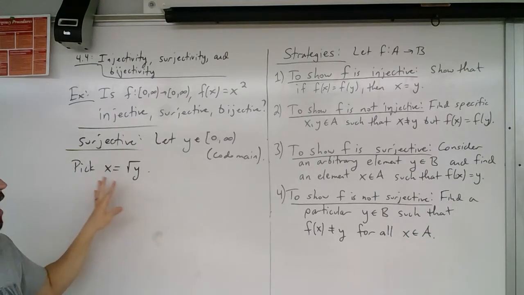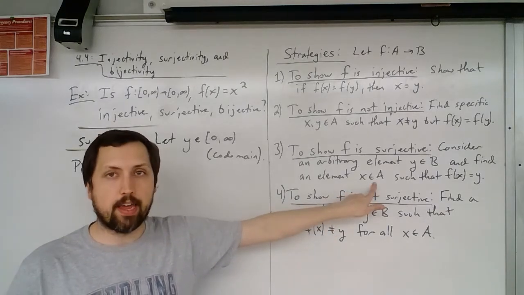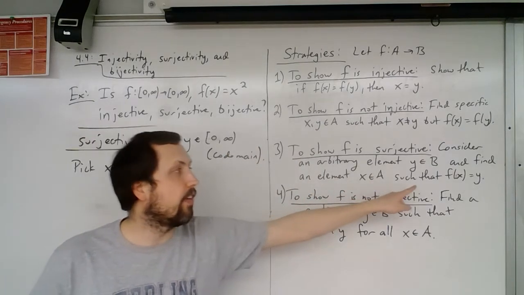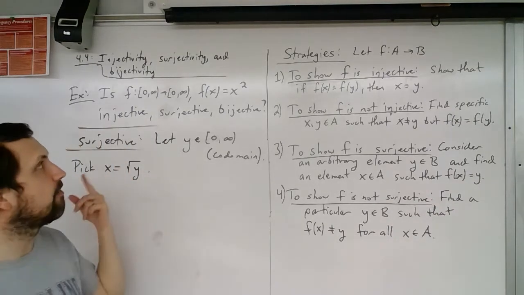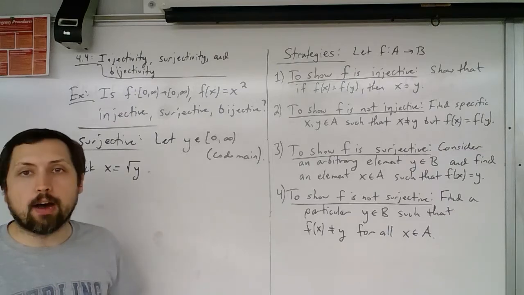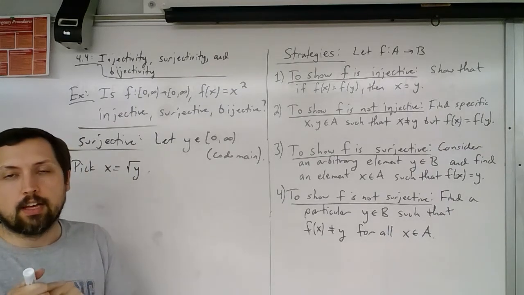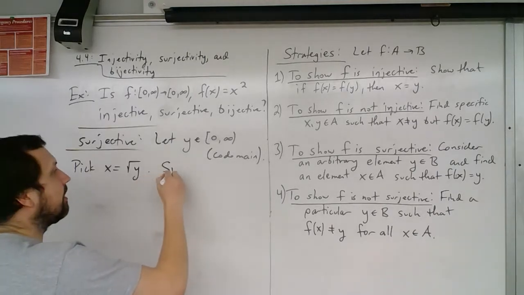We now want to verify that this x is in the domain and that f of x is equal to y. So there are two things. Be careful: if you're not verifying that this is in the domain, then you might be coming up with something that's not true. So pick x equal to the square root of y.